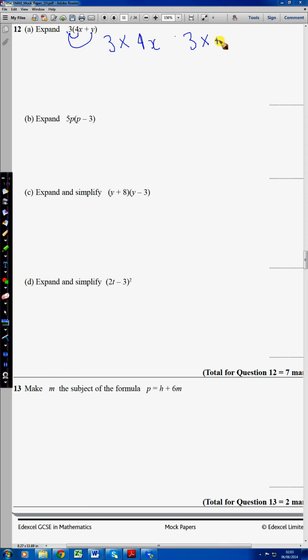Well, 3 times 4x will give us 12x. And 3 times plus y will give you plus 3y. And that is the answer, and that goes over here.